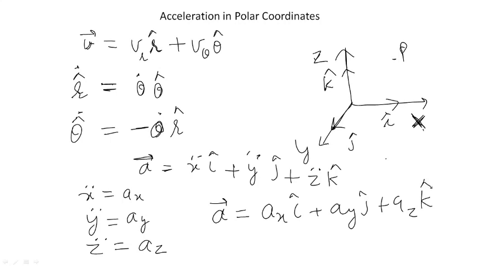Now we will define the acceleration in terms of the polar coordinate. You know that the instantaneous acceleration, you can write it as dv over dt, with velocity in terms of the polar coordinates.